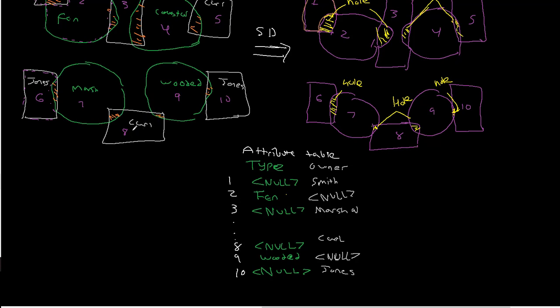So it's going to have an attribute for type of null, because there's no type associated with this construction site, only an owner. Hopefully that makes sense. And if you have any questions, as always, please reach out. Thank you.